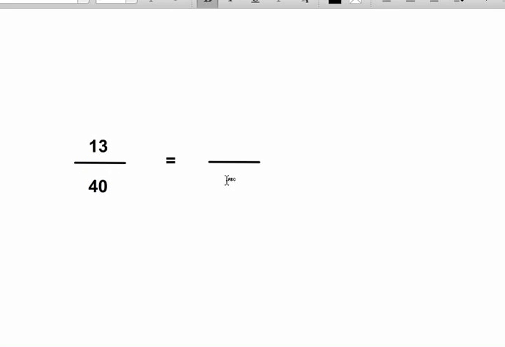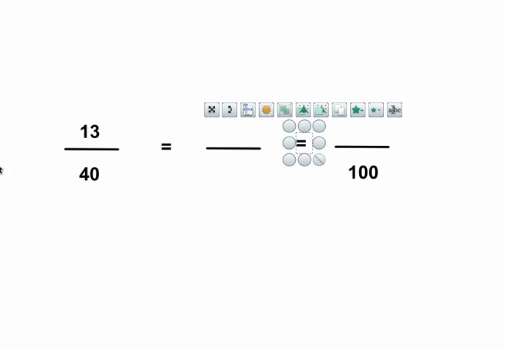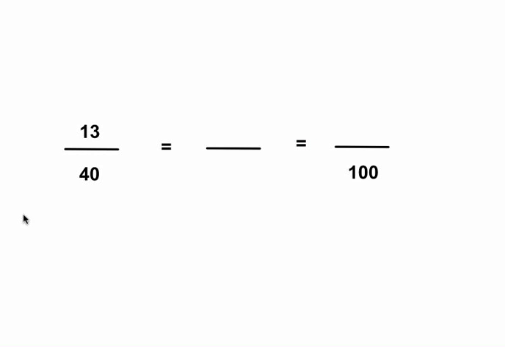Well, right off the bat, you can see that how do I get 40 to 100? 40 doesn't go into 100. So there are a couple different paths you can take. Instead of going directly to 100, you can do a stop off along the way. So think, how can I get it to a factor that does go into 100?